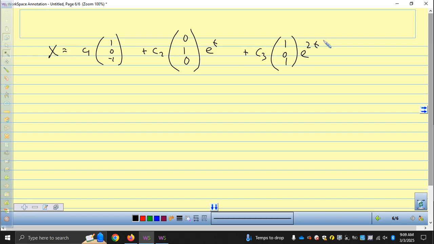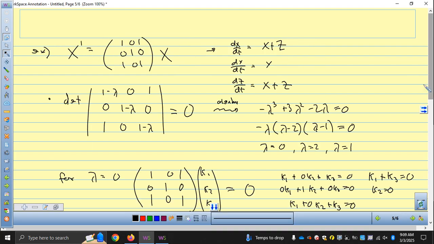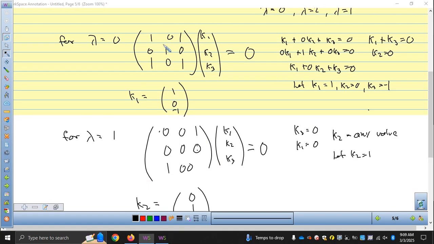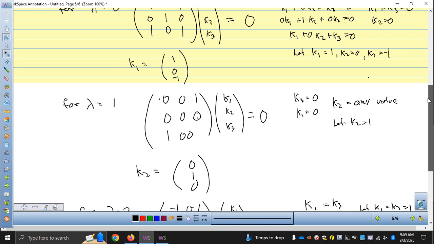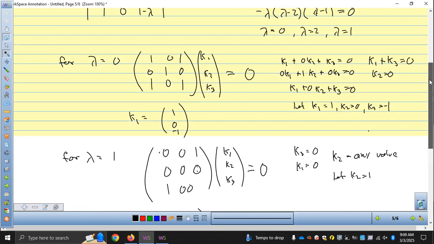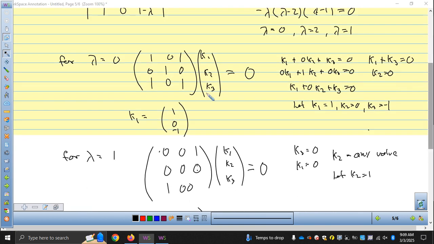Yes? You said usually we're not expected to do 3x3s by hand. I mean, this one, I would not do this one by hand. I think this one is easier to do by hand than to do row operations or something. Personally, I think it would take me as long to type it into a calculator as to figure out that K2 has to be 0 and K1 equals negative K3.